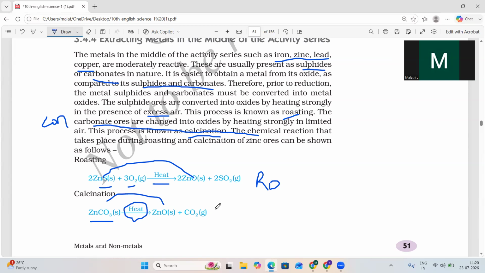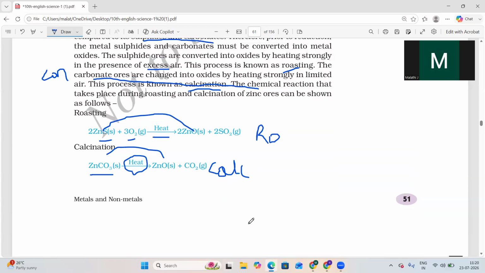That is called calcination. What calcination is and what roasting is are very important. Calcination is the process of converting carbonate ores into oxides by heating in limited air or absence of air.